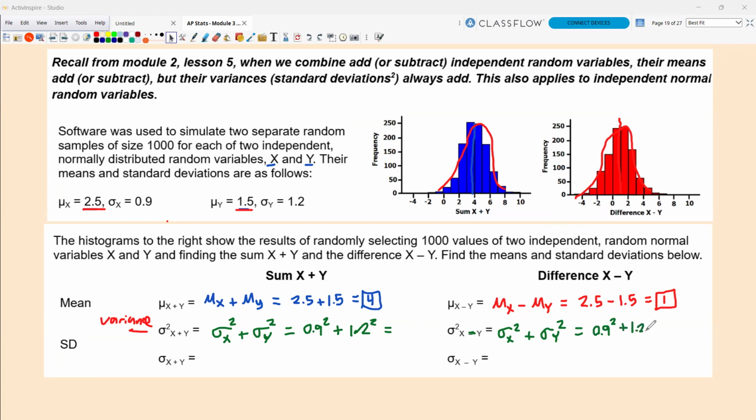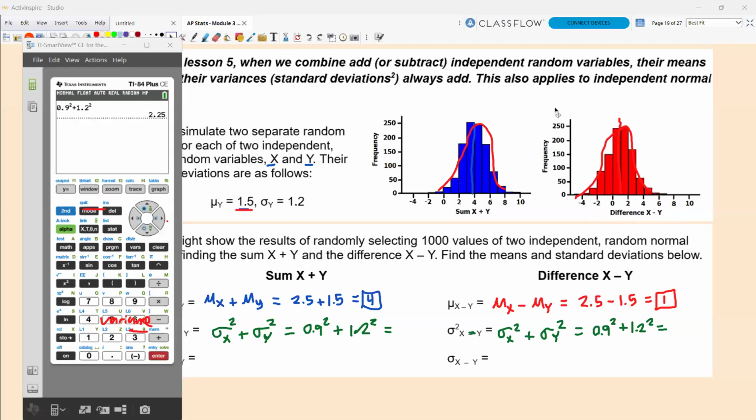So let's use our calculator to come up with that answer. You'll see the variances for their combined distributions are both going to be 2.25.